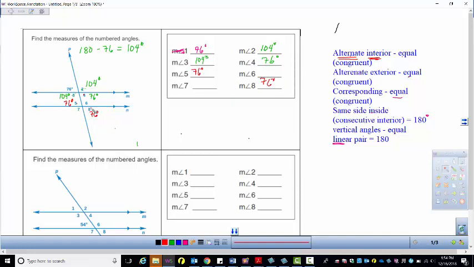Then 7 and 8 are a linear pair, so again, 180 minus 76 is 104. So 7 is 104, and angle 6 would be the same because they are vertical. So 6 is also 104.